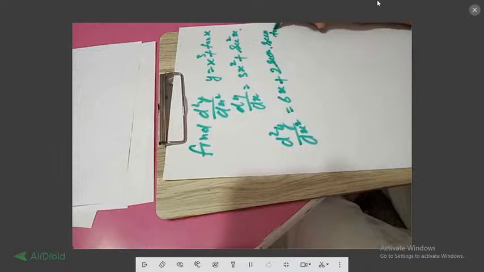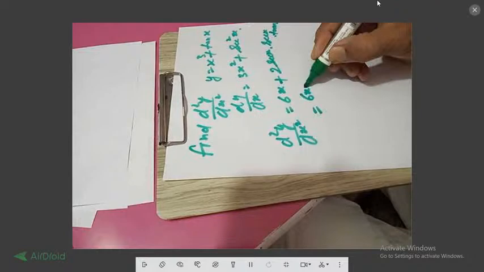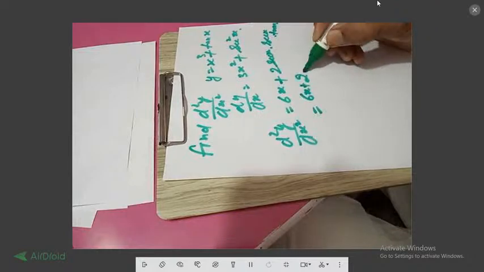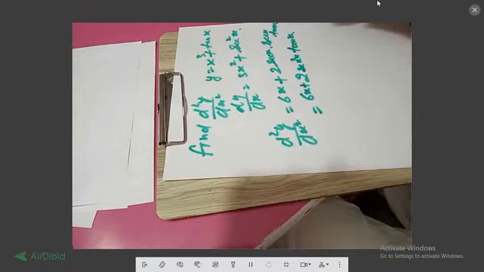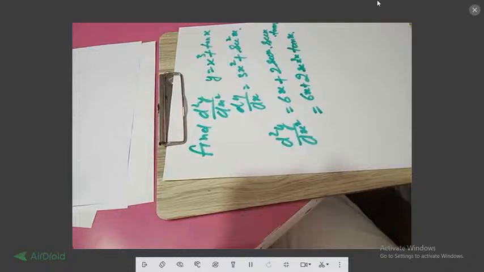Put the value of y, and this will be 6x plus, and we have 2 sin x, and this is into the answer 1 secant x square, dx sin x plus into tangent x log. This is the derivative of the second order, the resultant second order derivative, and so on. We find out the others also on differentiation.